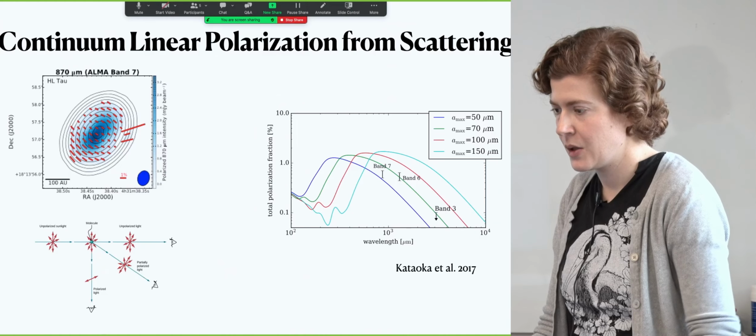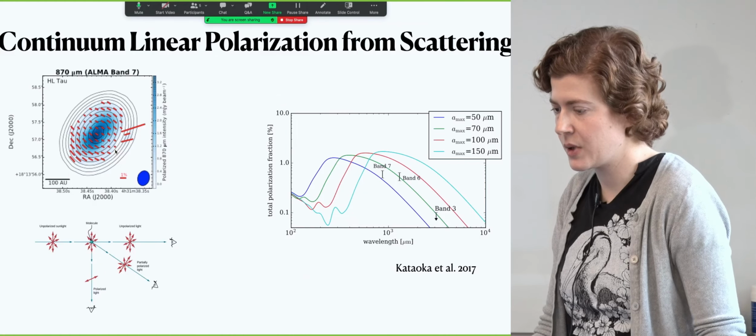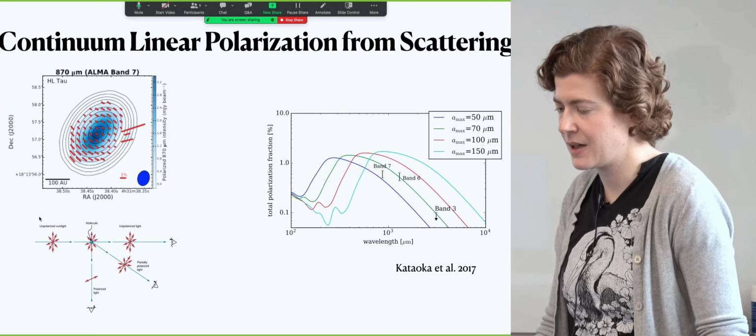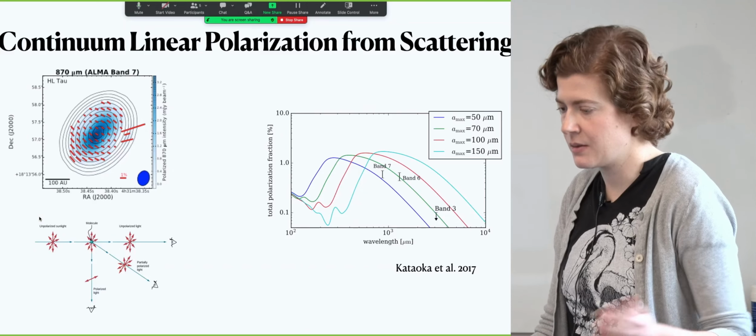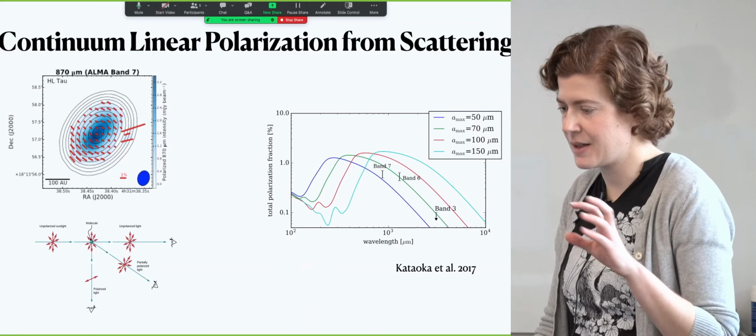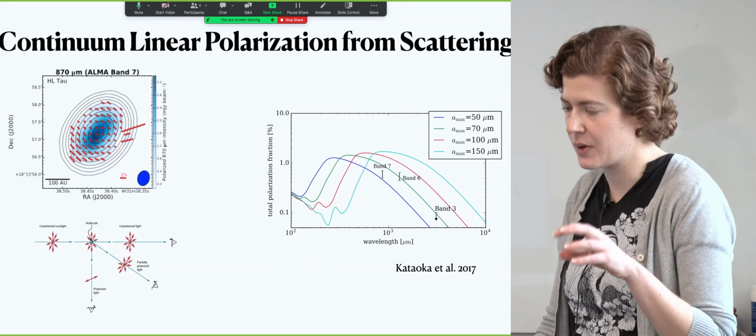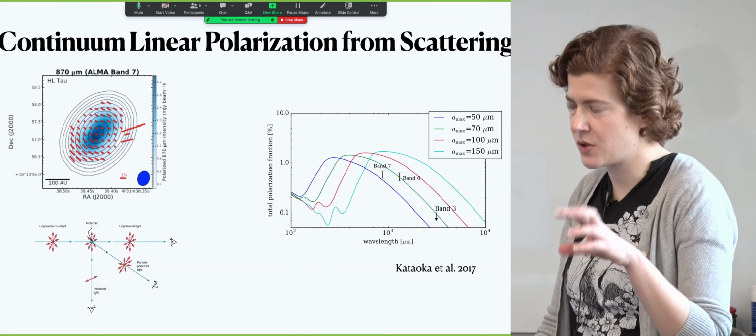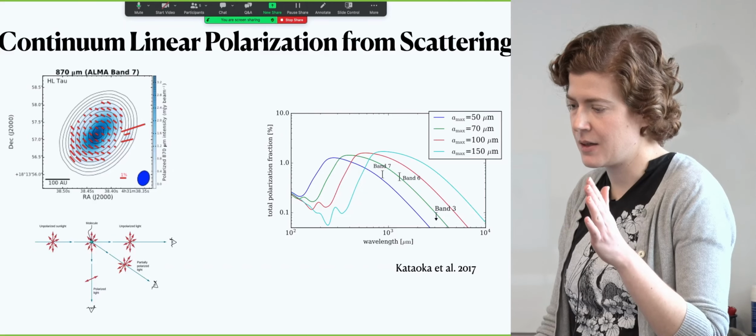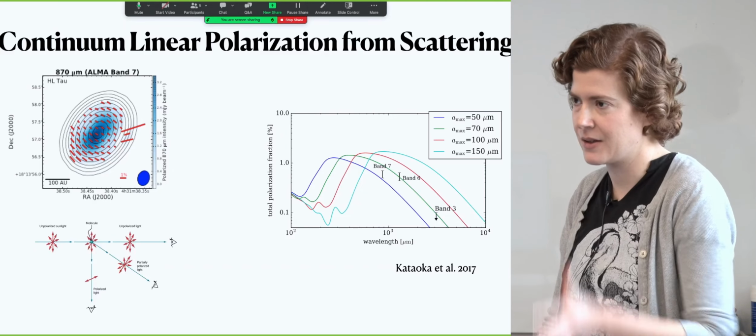Probably missed very early on, but can you explain again why the scattered light is preferentially at 90 degrees? Right. So when I'm talking about the 90-degree scattering, the dust grain can scatter light in any direction. It's just that the polarization fraction is maximized when the scattering angle is 90.